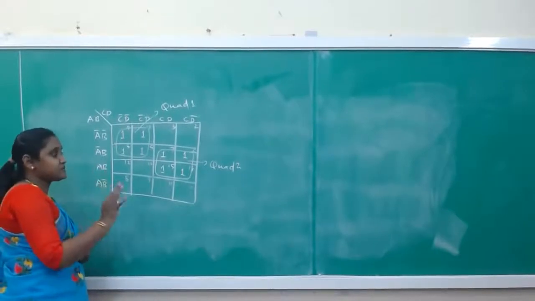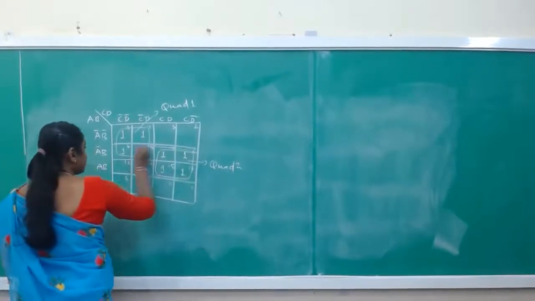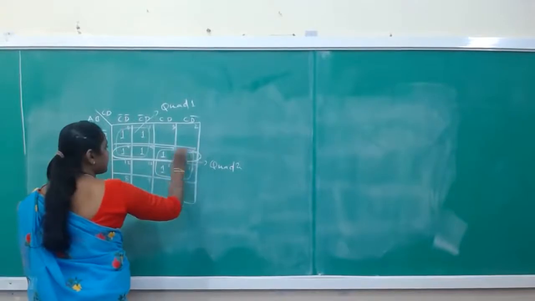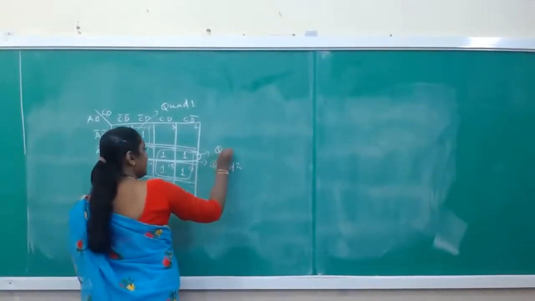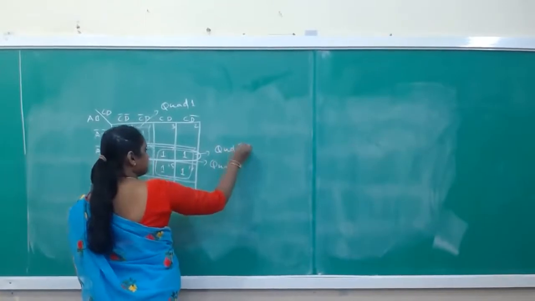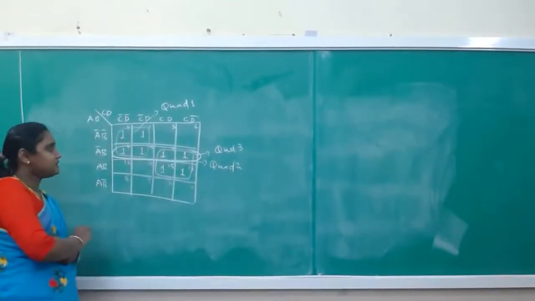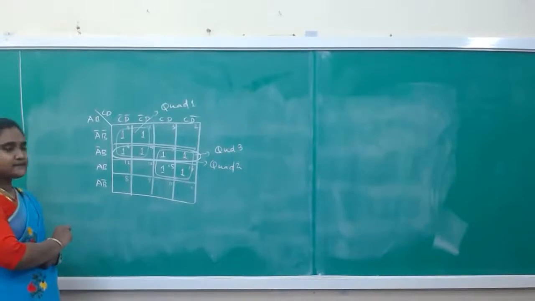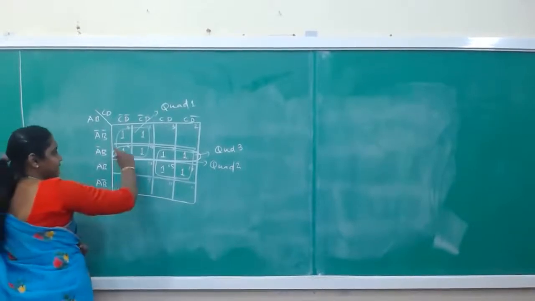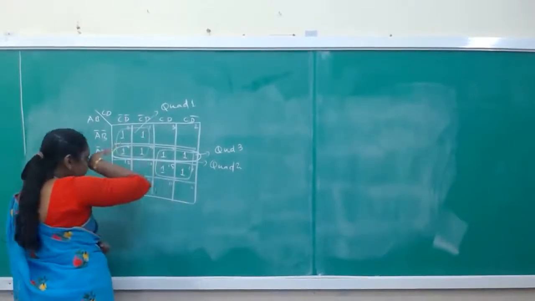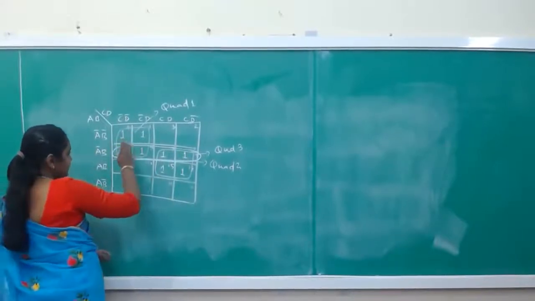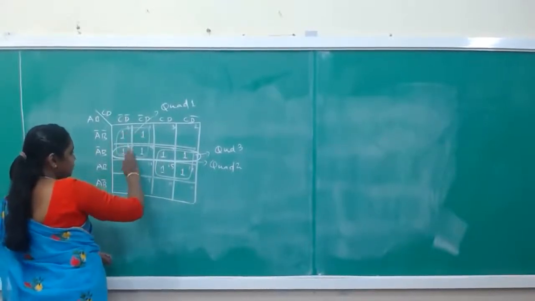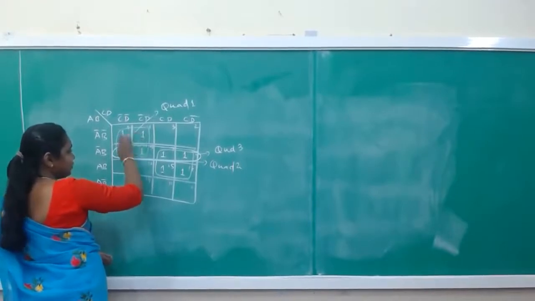There is also the possibility of another group, that is this one. Okay. Let's name it quad 3. This is also a quad which has 4 ones, but it is in the rectangular format. That means all the ones are in a straight line. Here the ones are one beside another, and two below and two over that.